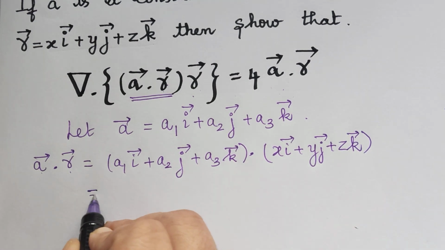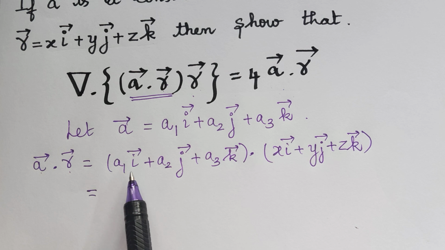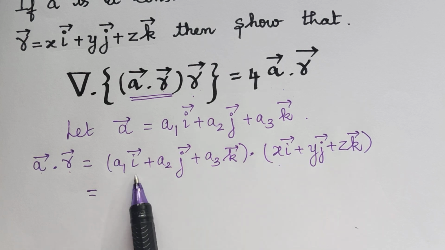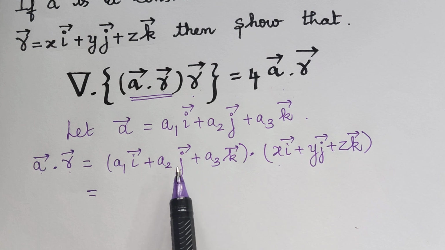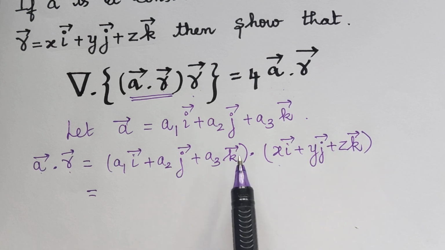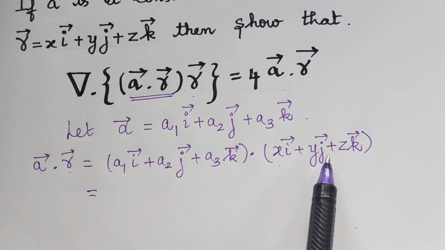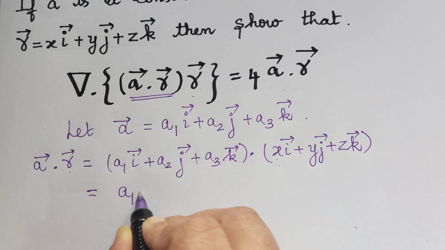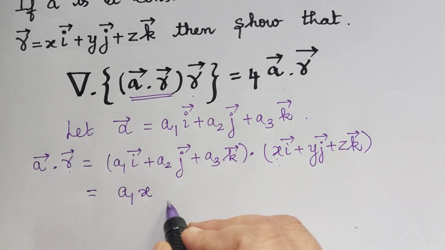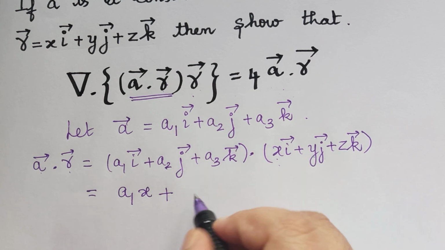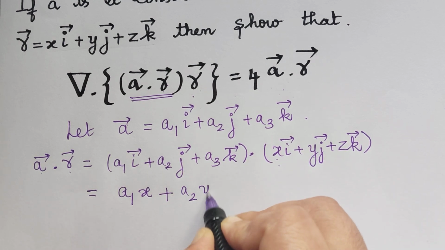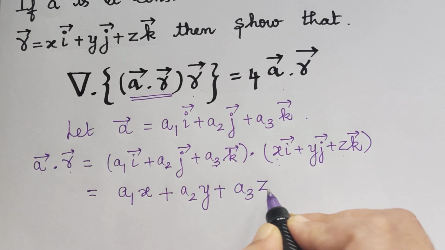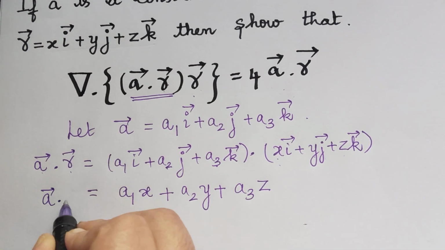Now the dot product we have to take with components i with i, j with j and k with k, since i with j and k becomes 0, j with i and k becomes 0, and k with i and j becomes 0. So it will be A1 multiplied with x, and i dot i is 1, plus A2 y, j dot j is also 1, plus A3 z. So this is A vector dot R vector.